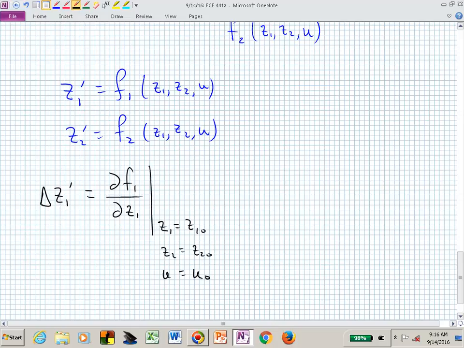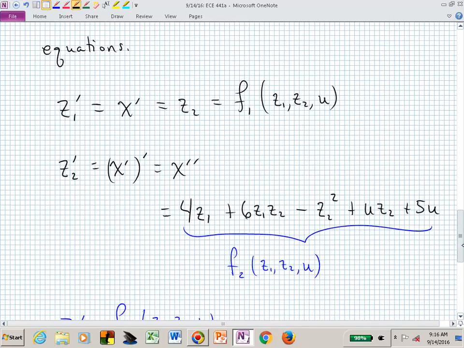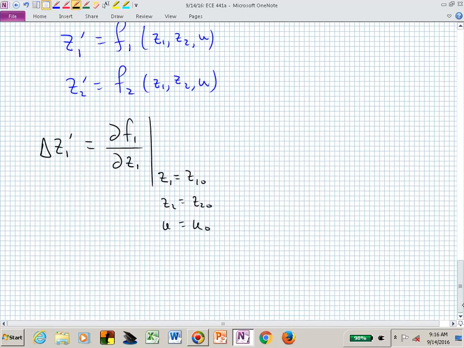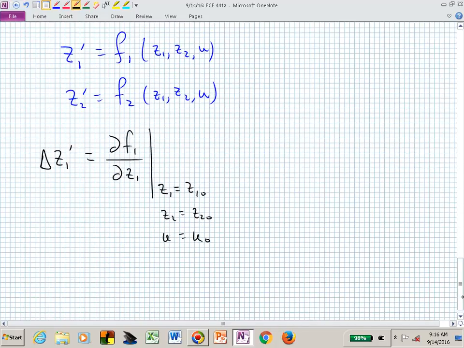We haven't yet determined what those u's and z naughts are going to be, but they have to satisfy this original differential equation. But this is now multiplied by this small variation in z1, z1 minus z1 naught, which is really just what we're calling delta z1.